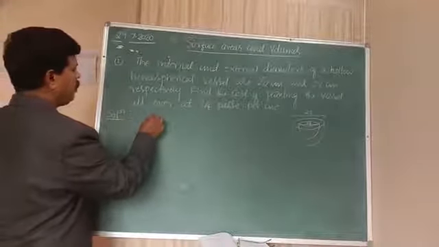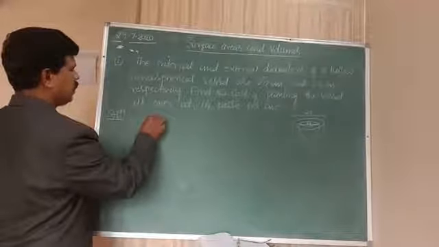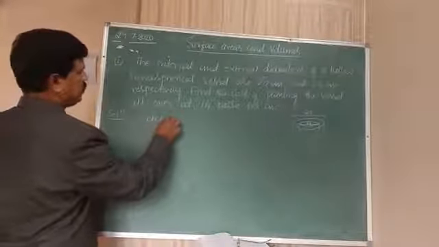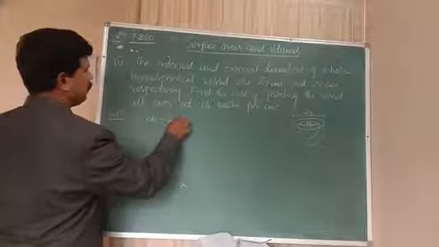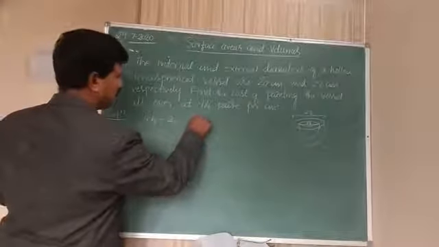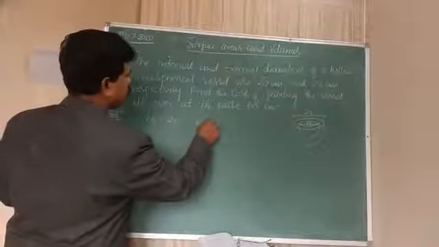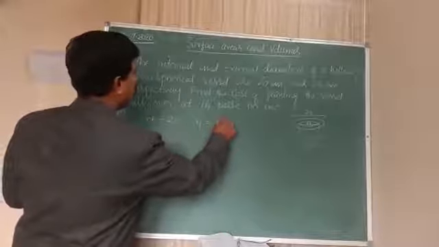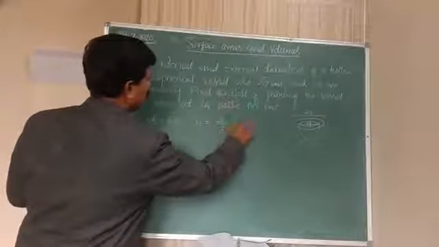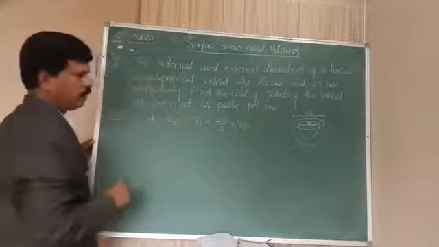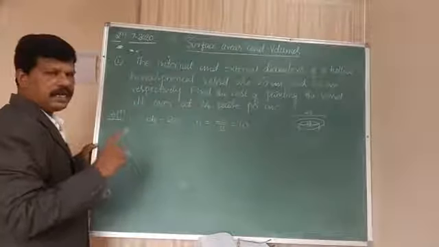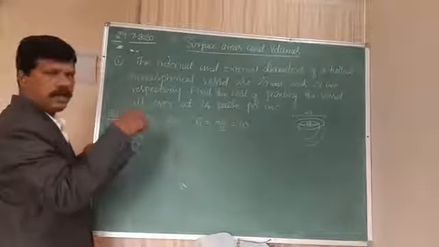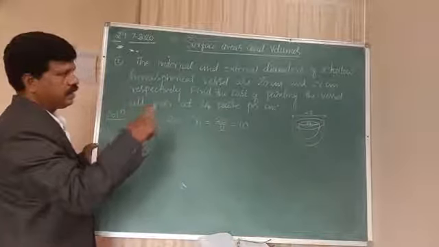Now the internal diameter, say Di, is 20. Then I take the internal radius Ri as 20 by 2, that is equal to 10. The internal hemisphere radius is 10.